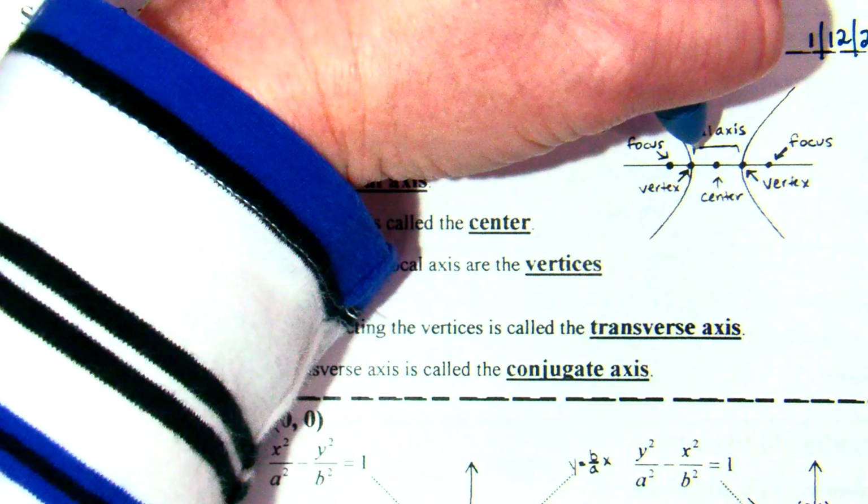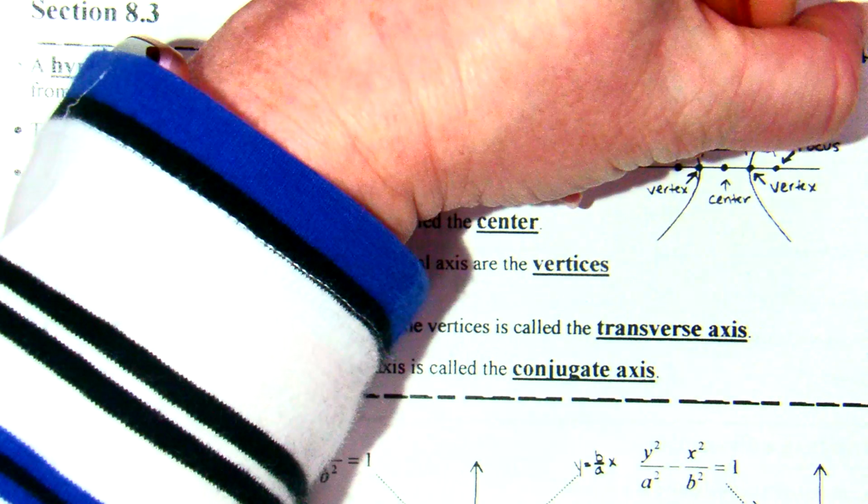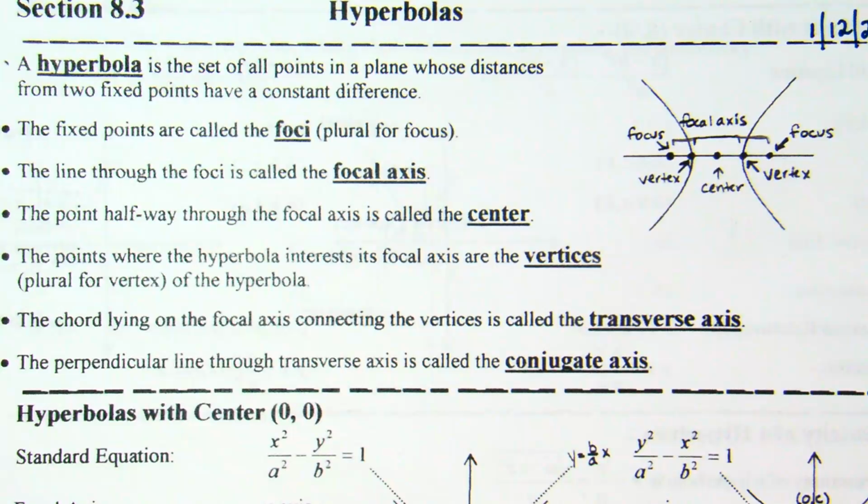Yeah, the focal axis goes from the distance from one focus to the other focus. That's so weird. These notes were written up by Miss Byers, so I can't say that I've written them up, but I've used them for probably half a dozen years now, and I've never noticed it, and it's never been pointed out to me. But yes, the distance from foci to foci is your focal axis. That's what that was supposed to say there.